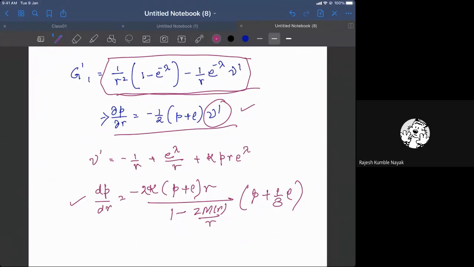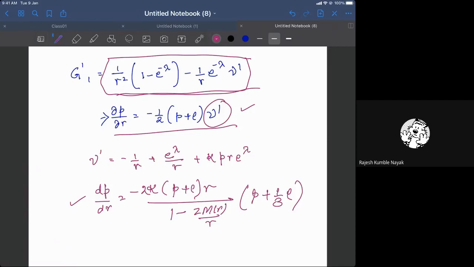You can put in boundary conditions. To start with, you can put the boundary condition that the pressure is a maximum at the center. You can say the density is maximum in the center. So P_C and rho_C are maxima, so the rate of change of pressure is 0 in the center, and then you can integrate.